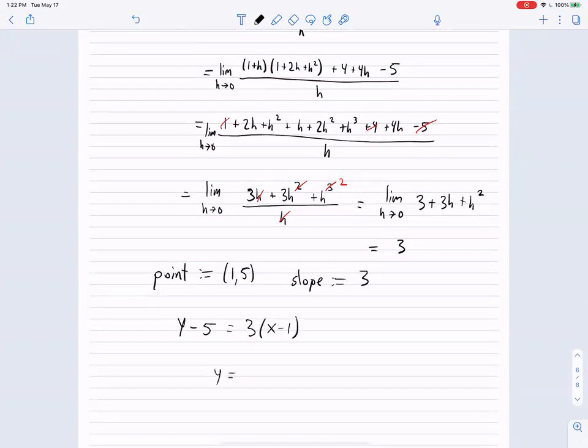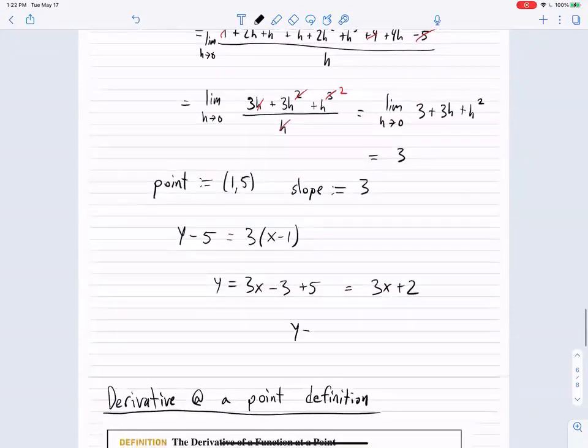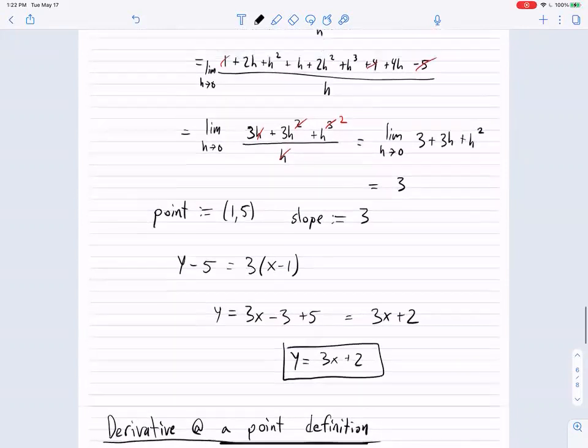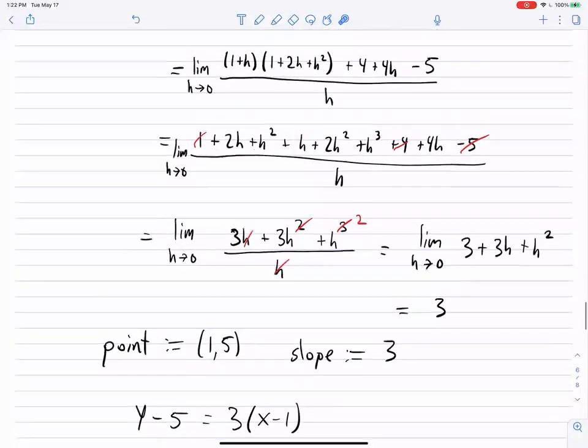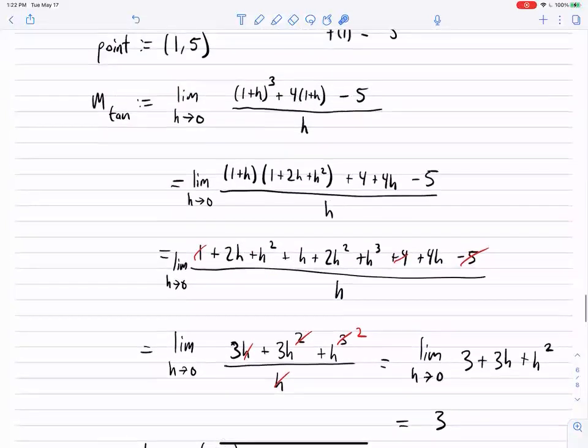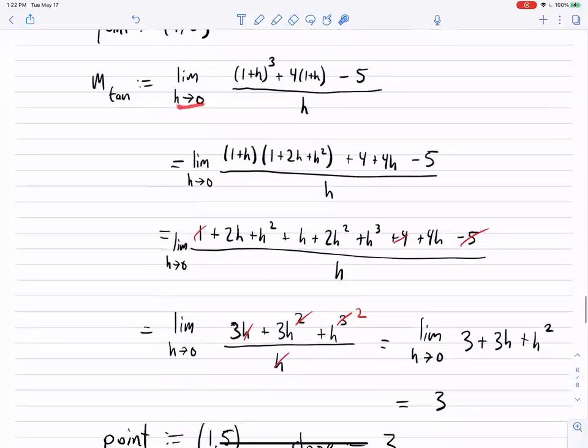Again, if you like it better in y equals mx plus b form, this is 3x minus 3 plus 5, and so this is 3x plus 2. So y equals 3x plus 2. That is the equation of our tangent line. It has slope 3, and it has the point 1, 5 in it. And so that's how you find the equation of a tangent line, using a formula with h going to 0 instead of x going to a.